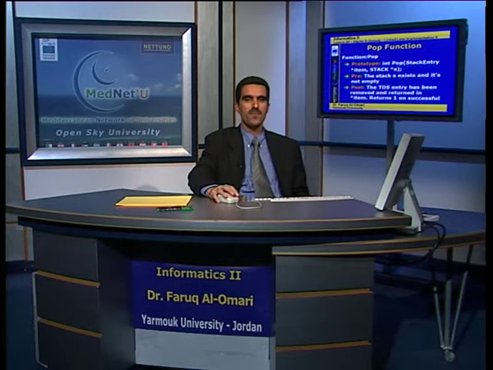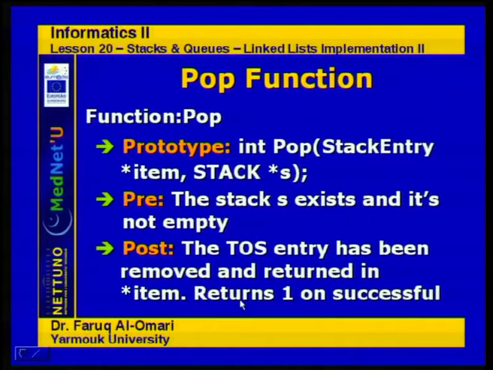Post condition, well, after successful return, the entry at the top of stack will be removed from the stack, and the data in there is going to be returned into this location pointed by item. And the return value is going to be 1, indicating that it was a successful operation.